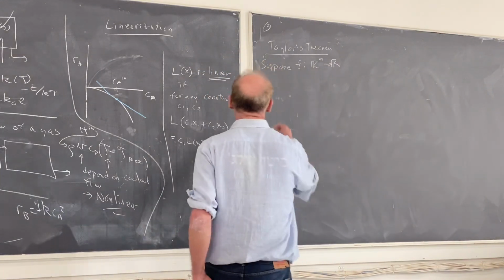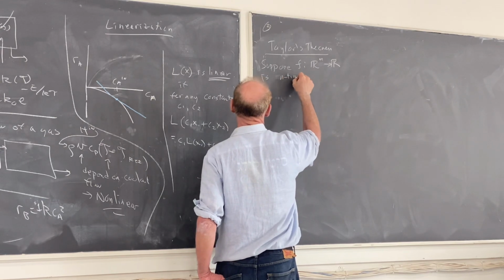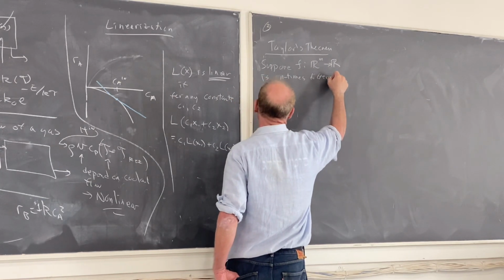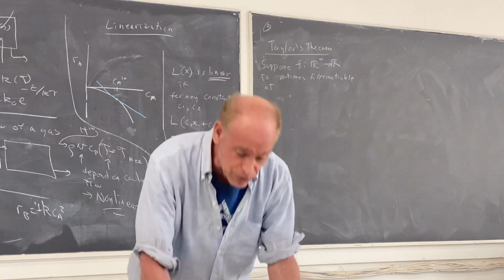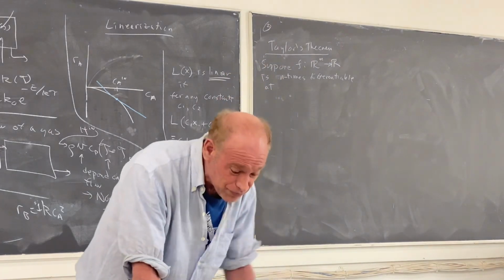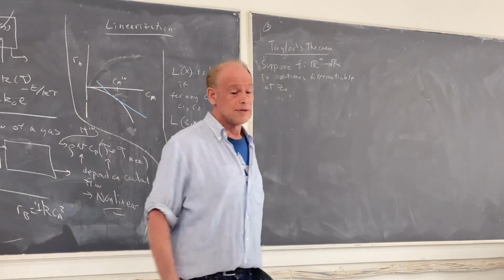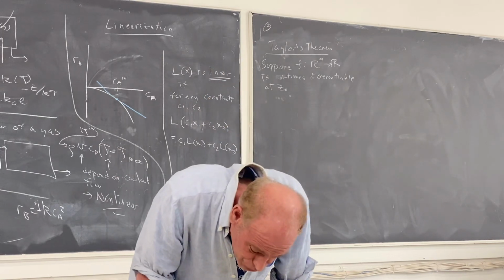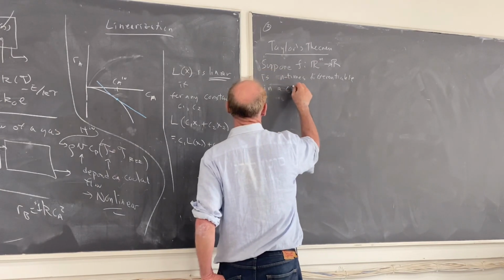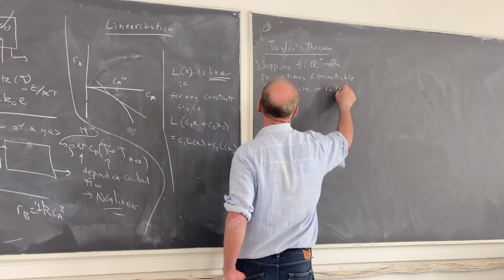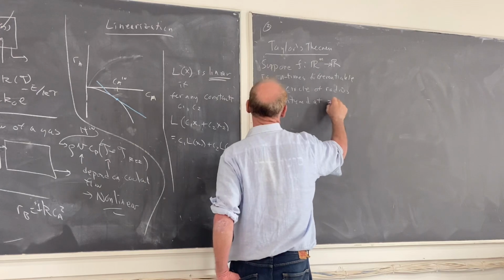And suppose that it is n times differentiable in a circle of radius r centered at z0.